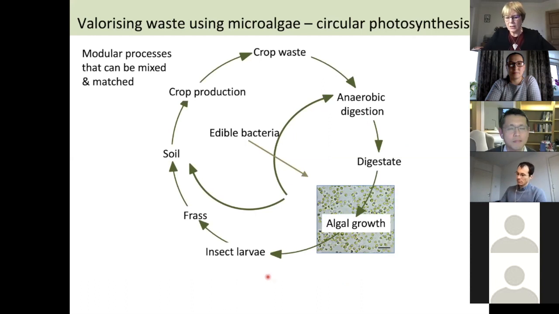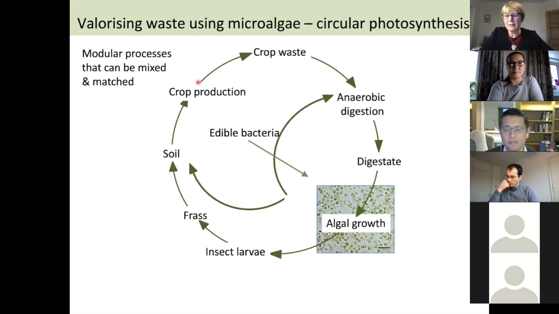But in addition, insects produce waste, and that's known as frass. And frass has a very high level of chitin, which is a polysaccharide molecule. And this is used already as a soil improver, so that increases the structure of the soil.